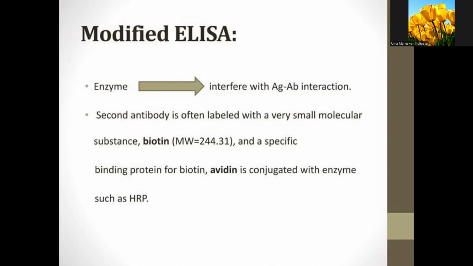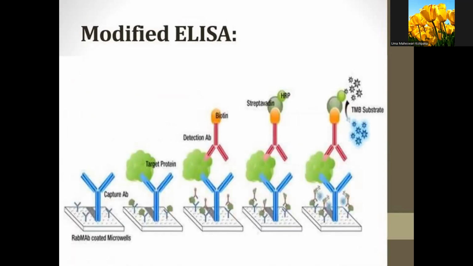Modified ELISA: enzyme interface with antigen antibody interaction. Secondary antibody is often labeled with a very small molecular substance, that is biotin, and a specific binding protein for biotin, avidin, is conjugated with the enzyme such as HRP. So modified ELISA is nothing but here we have already coated the antibodies, that is monoclonal antibodies, on microwells.